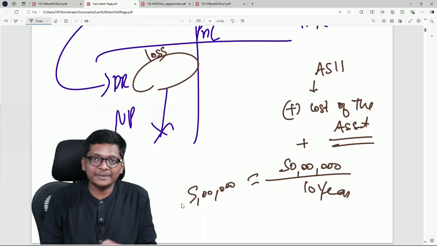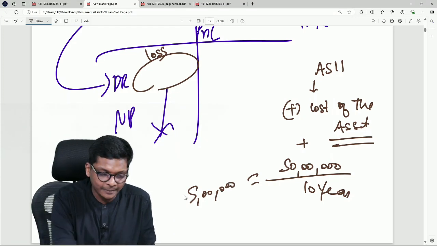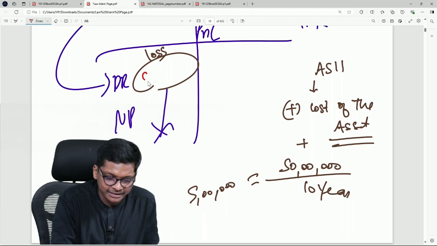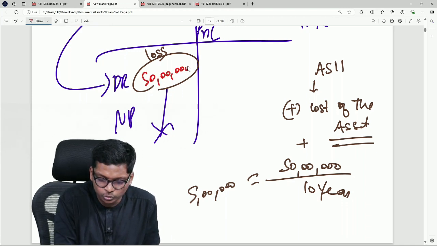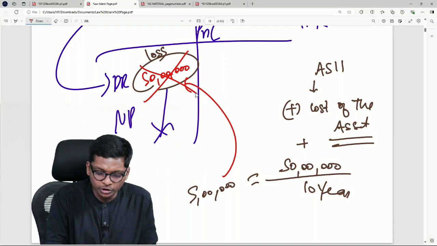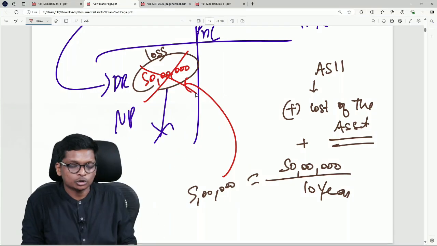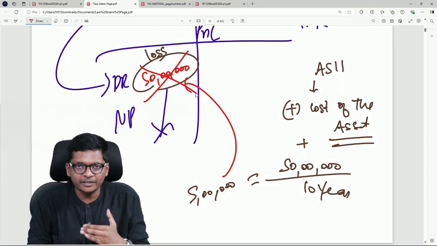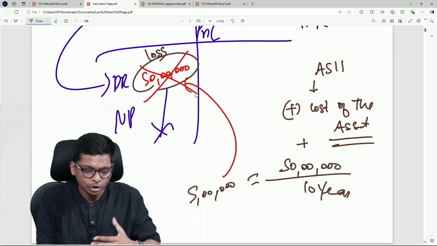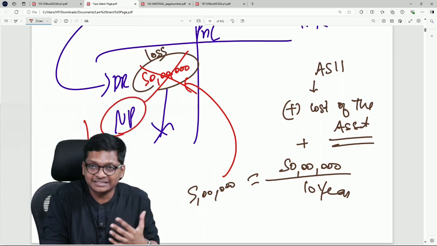So instead of debiting 50 lakhs to the P&L, they are only going to debit 5 lakhs. So instead of debiting 50 lakhs, how much are we going to debit guys? 5 lakhs. So the impact on net profit is reduced.